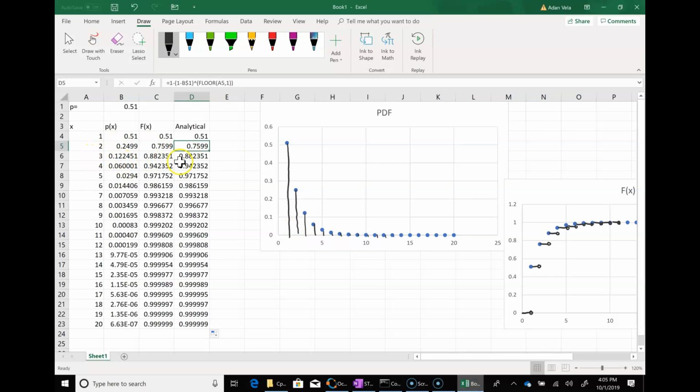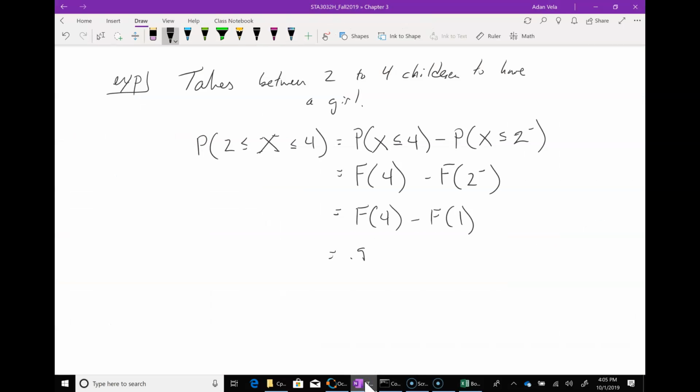And so I can look at what we have here. 0.94 and 0.51. 0.94 minus 0.51. That's about 0.43. Okay. These notes are wrong, so if you download them online, there's a mistake right there.